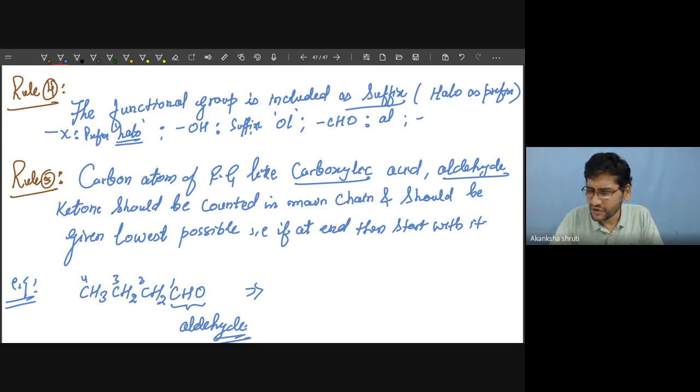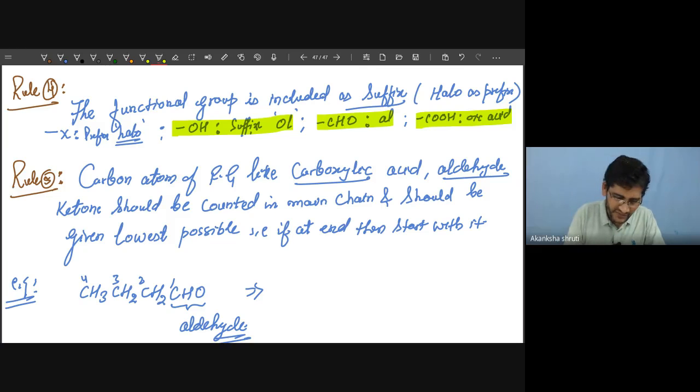The other one is carboxylic acid, COOH, then oic acid. This we had learned earlier. So these things we need to keep in mind. The students, OH as suffix OL as this one. These 3 are important. And X as the prefix hal. This thing we had learned earlier at the time of functional group.